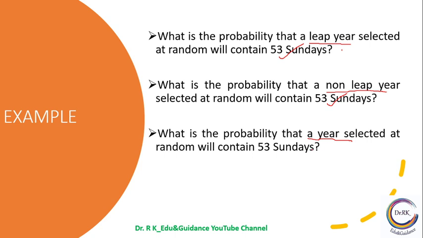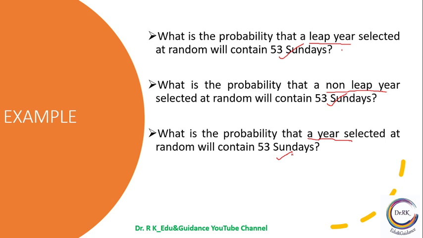Then what is the probability that it contains 53 Sundays? So there are 3 problems here: a leap year selected, a non-leap year selected, and a year selected, and in each case what is the probability that it will have 53 Sundays?